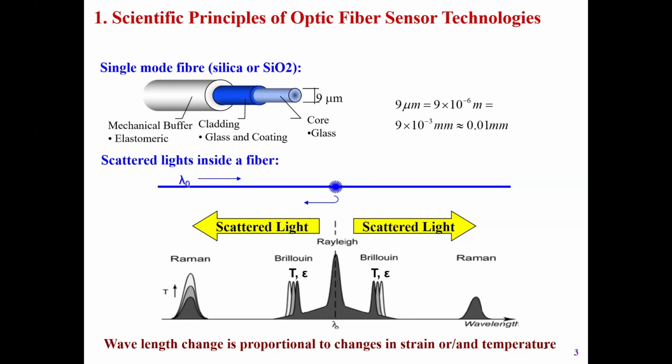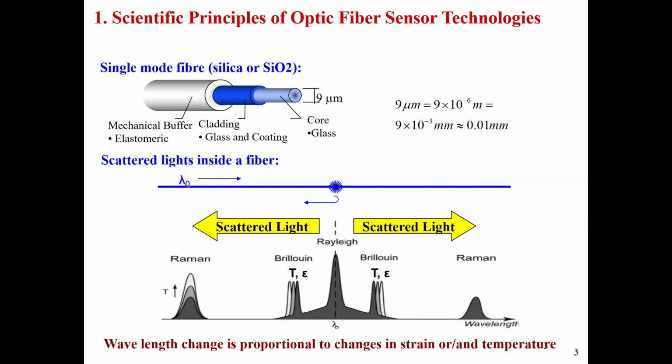But for the light in the fiber, people are really interested in the scattering of light inside the fiber, because we can inject the light into the fiber, there is scattering light, and the instruments can read out the scattering light. Then we do spectral analysis.